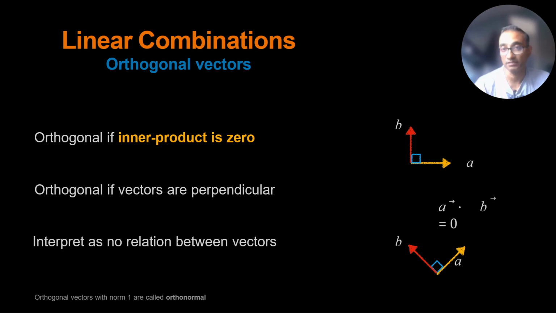That's when the cosine of the angle between the two vectors results in 0, which can be interpreted as no relation between the vectors. Another term that you may encounter is orthonormal vectors, which means orthogonal vectors with norm 1. So it is important to keep this distinction in consideration.